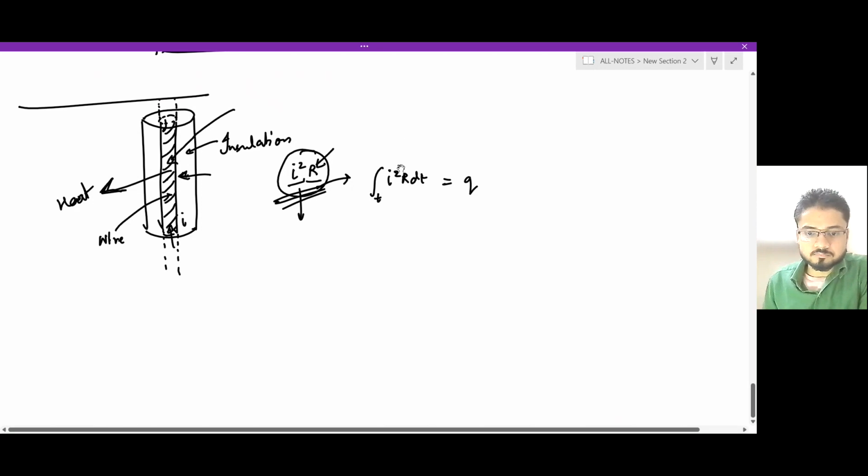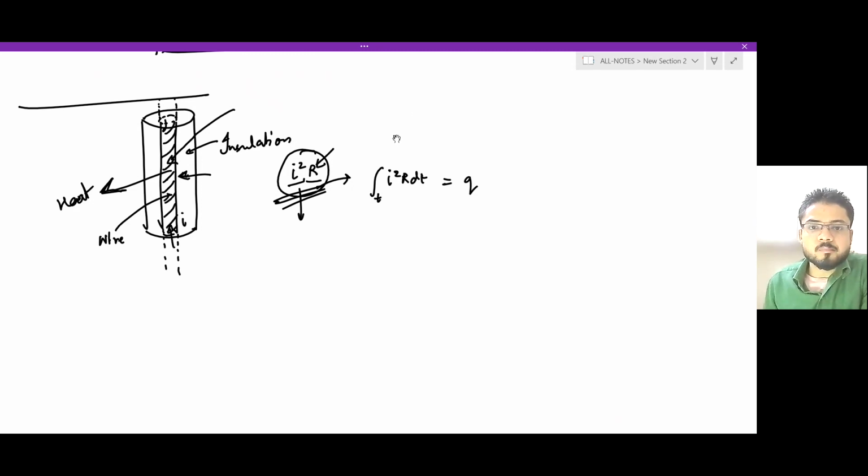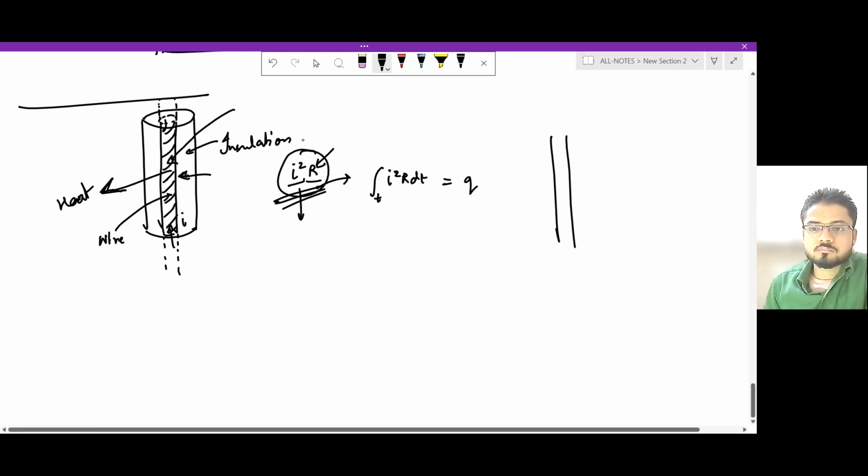So now, what we want to model is this part, this wire, the metal part.